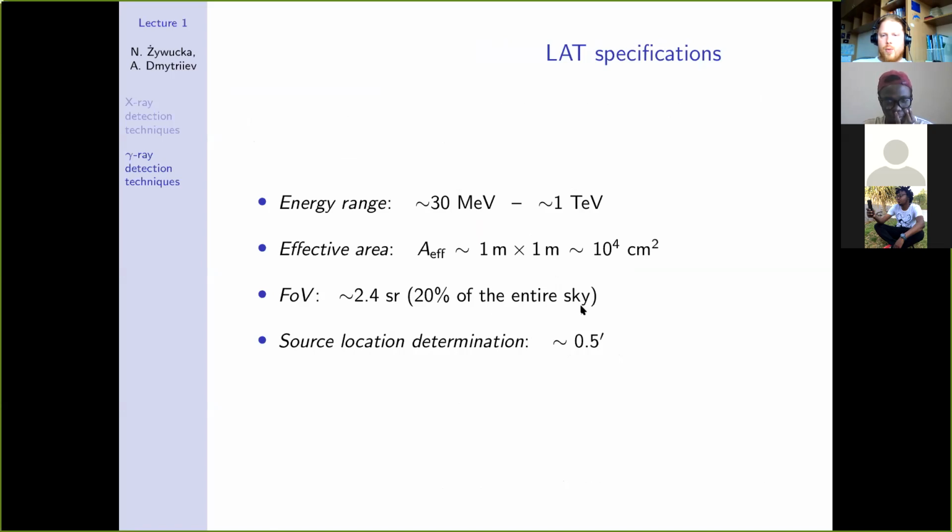And why 1 TeV? Ideally, this technique can work up to infinity, but in practice you need large collection areas. The typical spectra of sources are power laws, so the flux of photons from the source is dropping with energy.